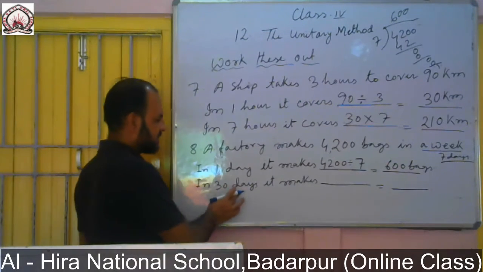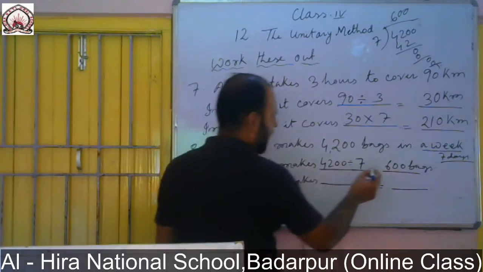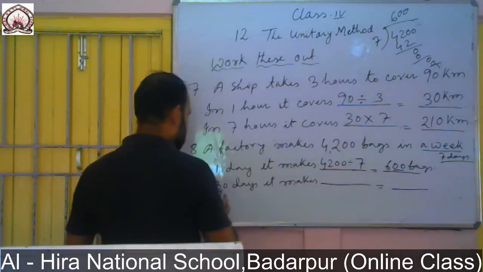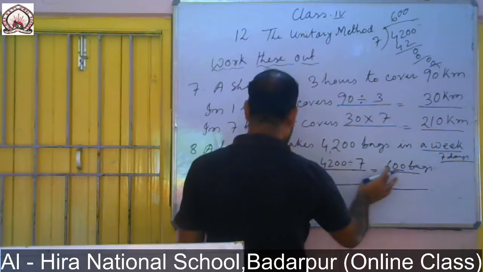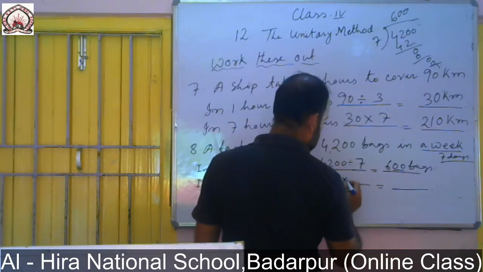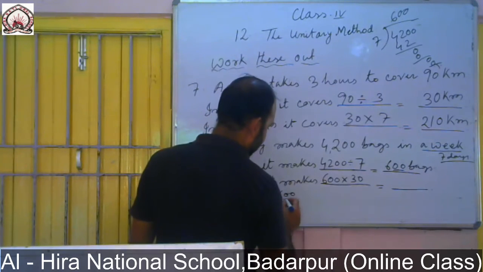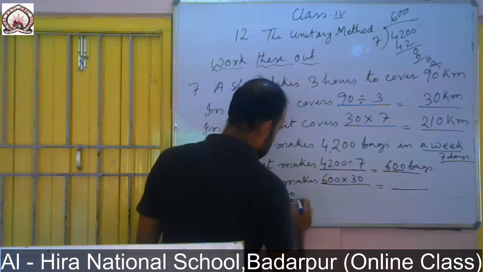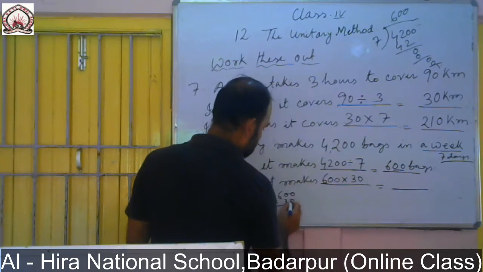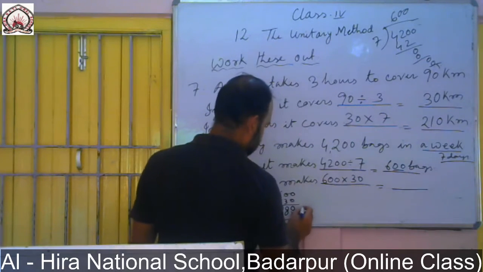In 30 days it makes, one day it is 600 and 30 days it is 600 into 30. 600 into 30: 0 times 30 is 0, 0, 0, 3 sixes are 18.